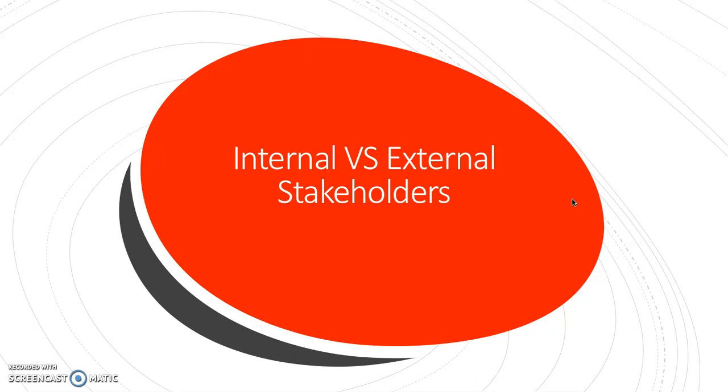Stakeholders can run into conflict with each other in that they want different things, and so sometimes one stakeholder will want the business to act in one way and another stakeholder will want them to act in a different way. For example, shareholders essentially only care about profit. The more profit, the better.